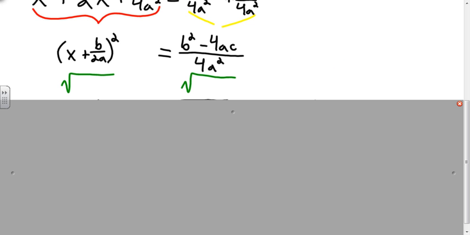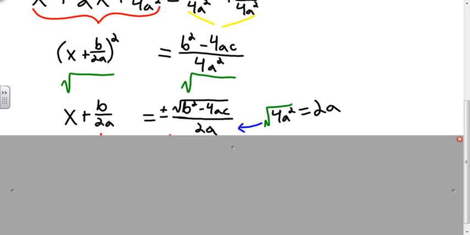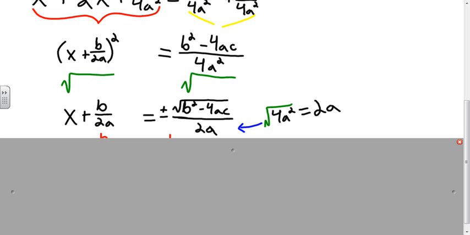First we take the square root of both sides, so that we're left with x plus b over 2a equals positive or negative square root of b squared minus 4ac over 2a. Now we use 2a because if we applied that square root to the numerator and the denominator, the denominator would become the square root of 4a squared, and we could break that down into 2a. Square root of 4a squared is just 2a.